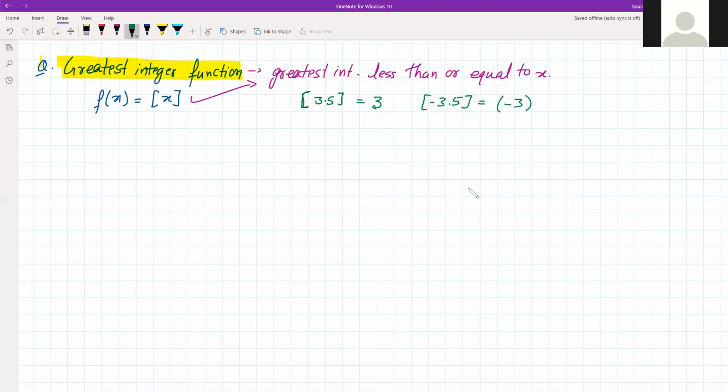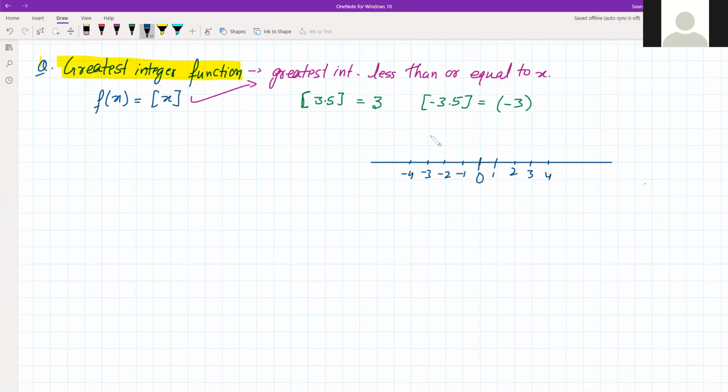Let's check this. Let's draw the number line first. Suppose this is 0, 1, 2, 3, 4. This side -1, -2, -3, -4.